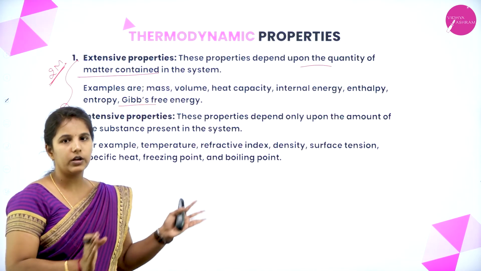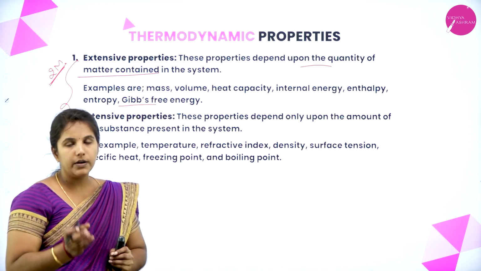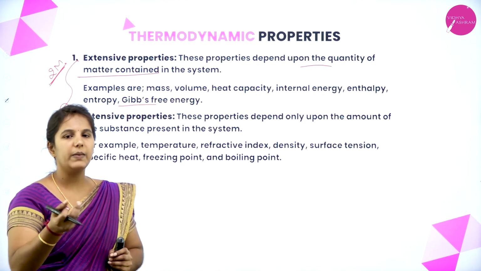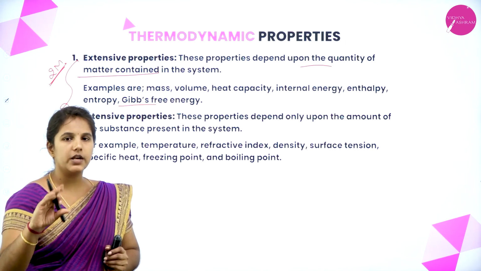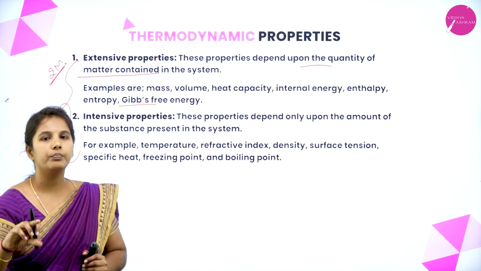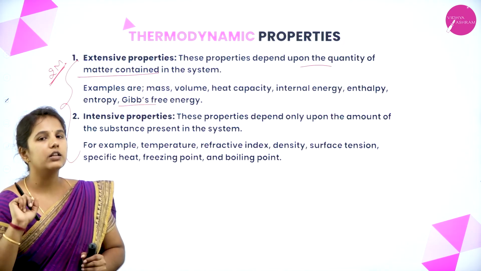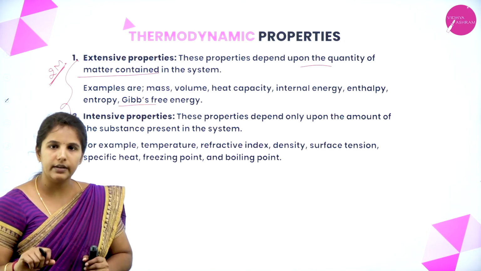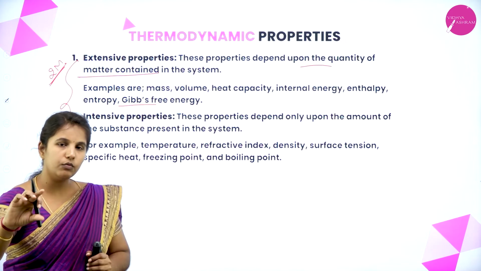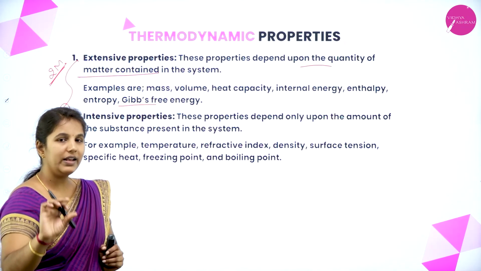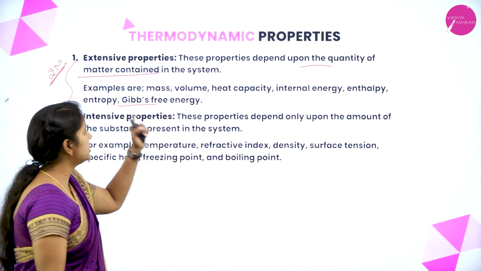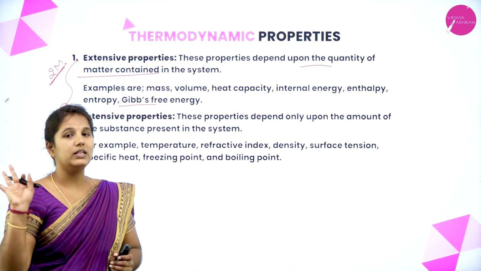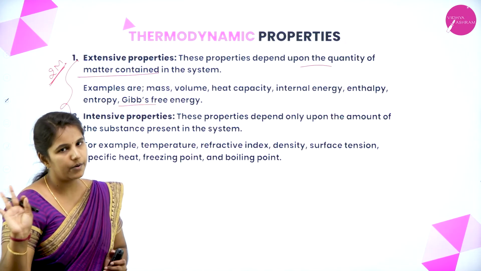For example, if I am talking about the mass of a particular substance, it may be 8 grams. Suppose I am studying a cup of tea, where I have taken out 5 ml of milk, or 5 ml of tea. That 5 ml, that volume, exactly shows the quantity of matter contained, and that property is said to be an extensive property.